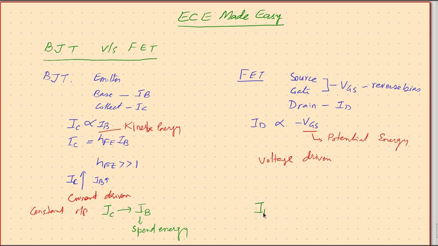Whereas if you want ID, then you need VGS. VGS means applying a potential, that too in reverse bias. Therefore, no current will flow, only voltage is required. So there is no spend of energy. We don't have to spend any energy to create this output current.